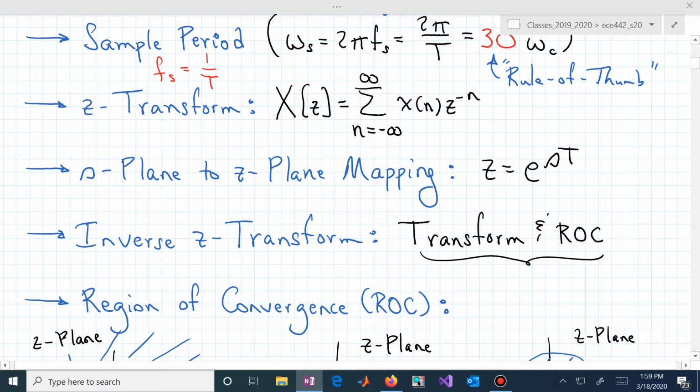But to have both the transform and the region of convergence is important, because now that tells us uniquely how to determine which of these sequences. If I could, from one transform, supply you with two different sequences, how do I decide which of those sequences corresponds to that transform? Well, you can't unless somebody gives you, in addition to the transform, the region of convergence.